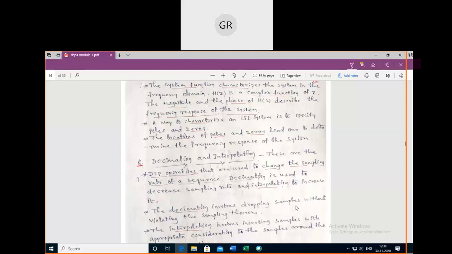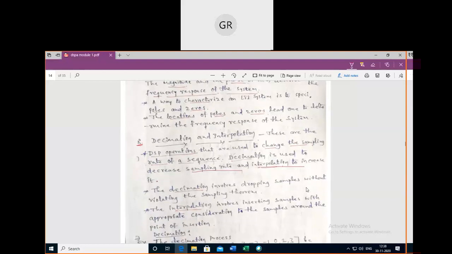Decimation is used to decrease the sampling rate, and interpolation is used to increase the sampling rate.